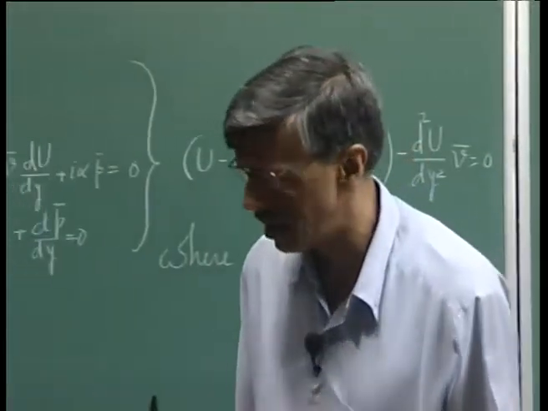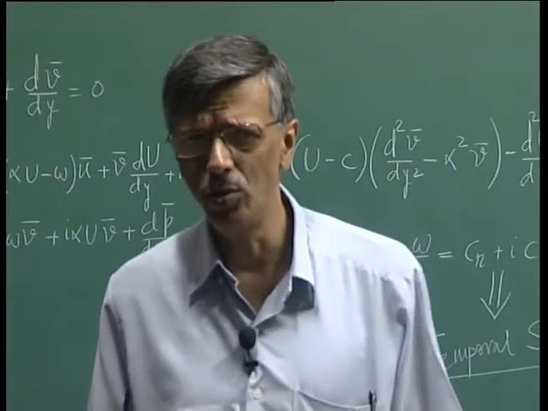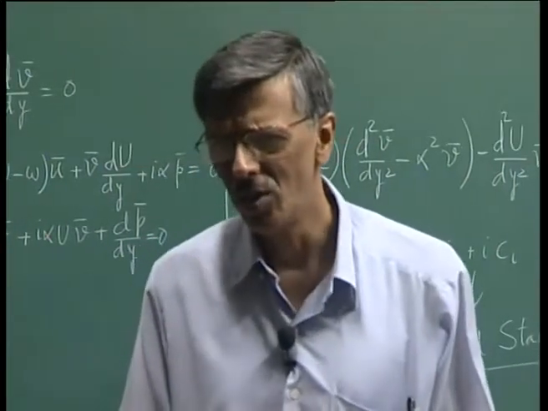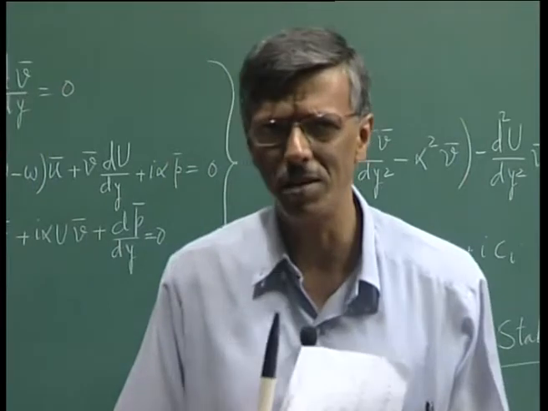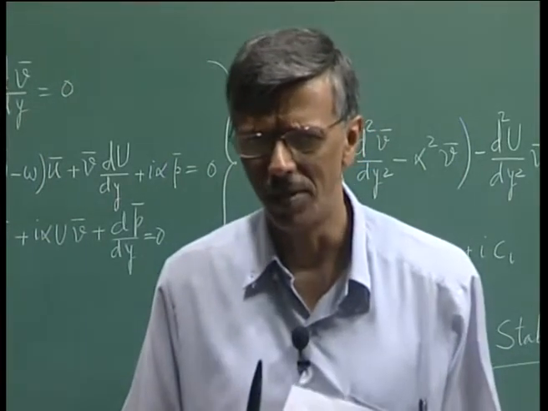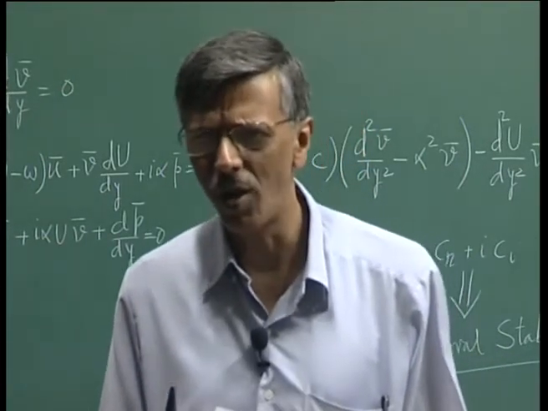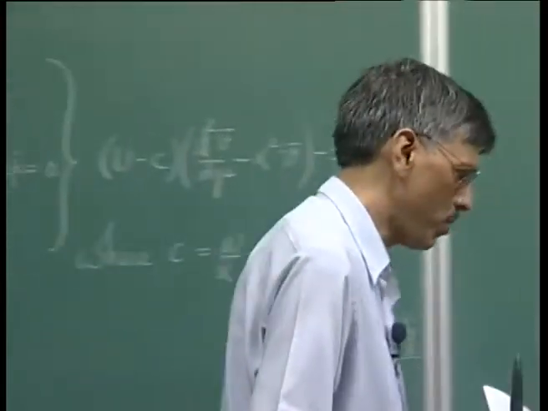Okay. So, having said that, you realize that it's quite difficult to talk about disturbances which are simultaneously varying in space and time. Such problems we will call spatiotemporal problems.